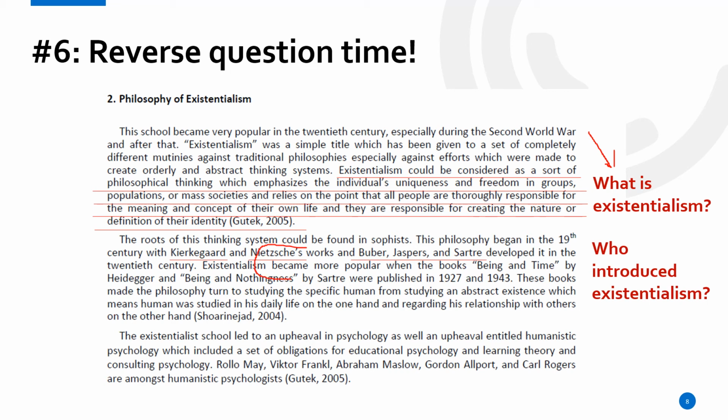These are the 2 important names, and then these are the more recent ones. So the more recent ones, Buber, Jaspers, and Sartre. So based on these names, the best question to describe is, who introduced existentialism?